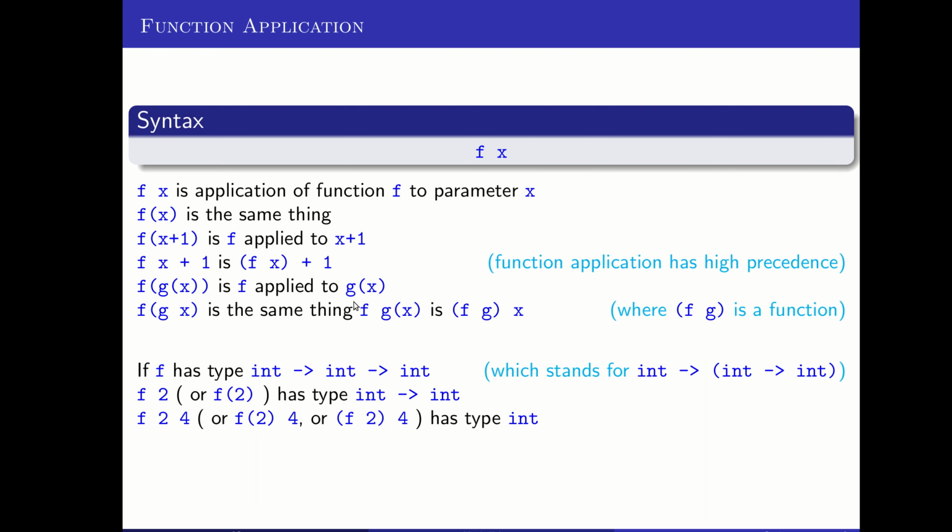So if I want to make sure that g gets applied to x, I should put that into parentheses to override the precedence. And that goes for this version too. These both will override the precedence and cause g to be applied to x first. But if I have f space g in any way, it's going to try to apply f to the function g first.